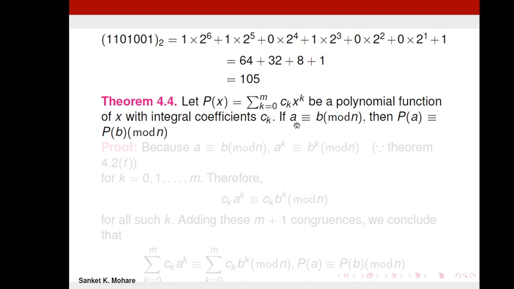If a is congruent to b modulo n, then p of a is congruent to p of b modulo n, where p of x is the summation as k varies from 0 to m of ck x to the power k.